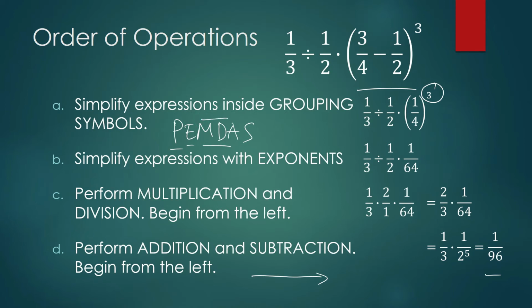They have the same order of priority in the collection of operations. But the operation that appears first from the left is the operation that you will do first. Addition and subtraction also have the same level of priority in the order of operations. But the operation that will appear first between addition and subtraction is the operation that you will do first. So PEMDAS.